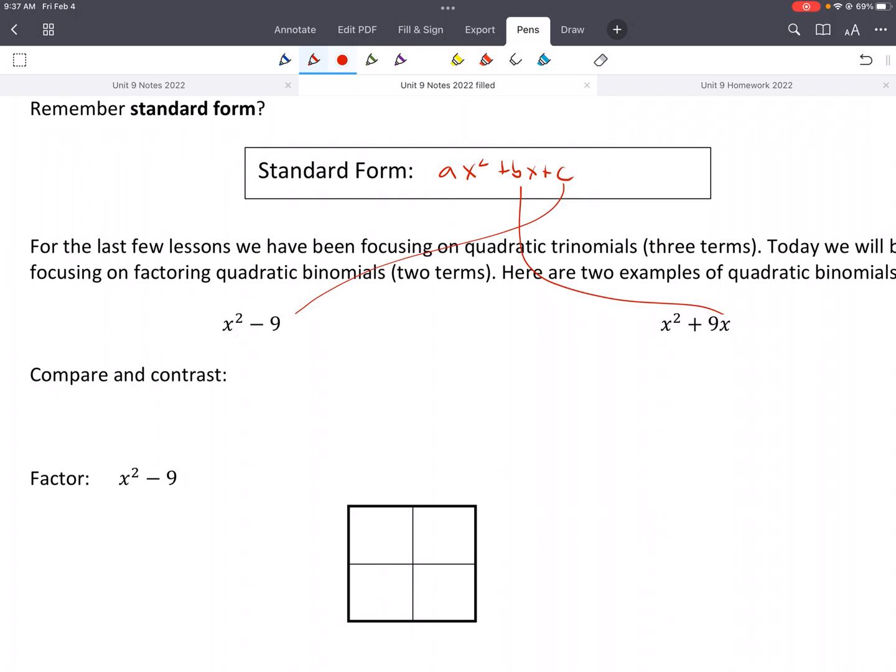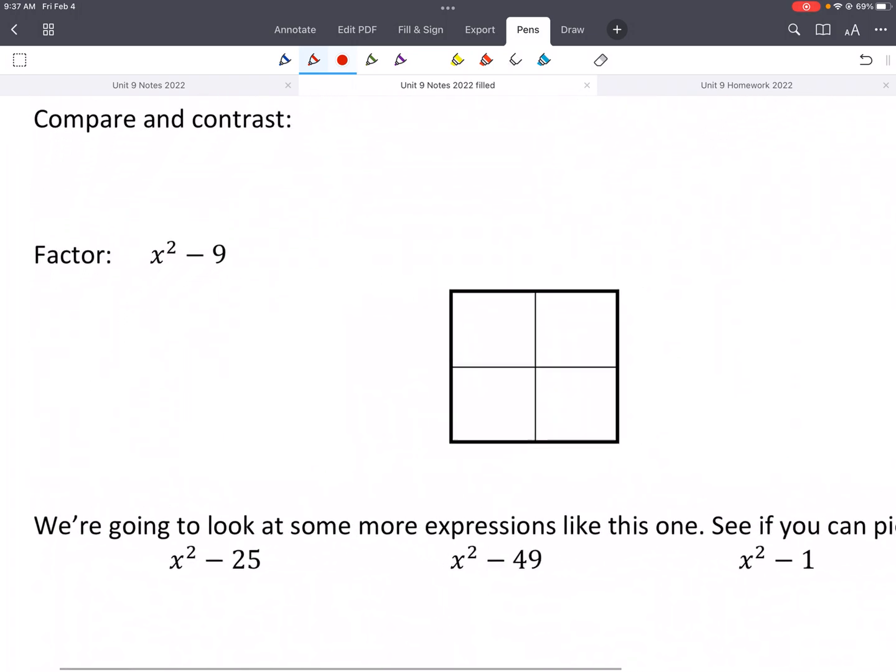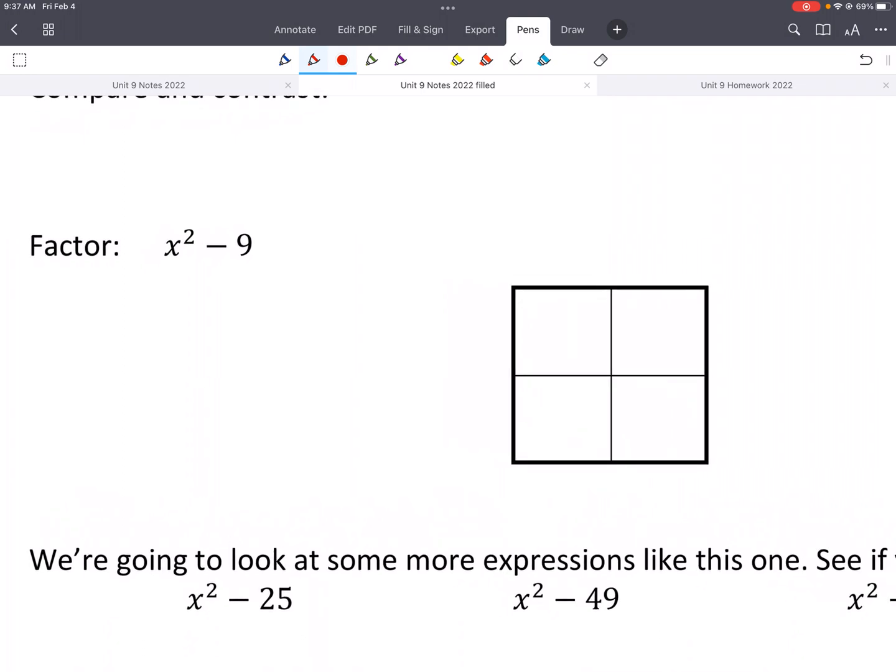Okay, let's first look at an example like this. When you have the x squared and a constant, like a number without a variable, we can still do glasses. We can write this as x squared plus 0x minus 9.